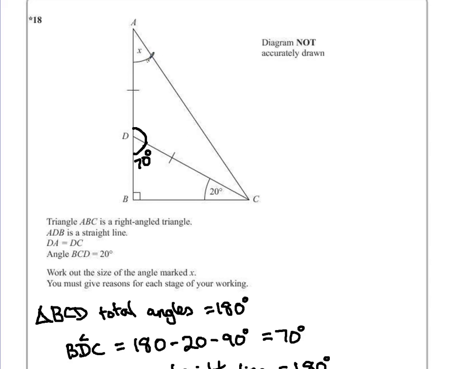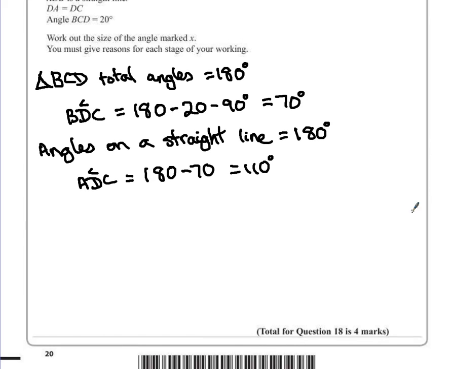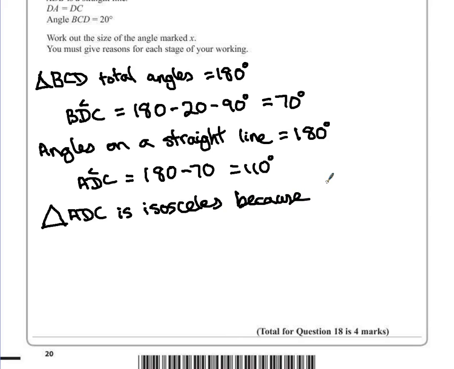Now we're left with angle X and this unknown angle down here. And the fact that we're going to use is that because these two sides are the same, we have an isosceles triangle. So triangle ADC is isosceles because two sides are the same.